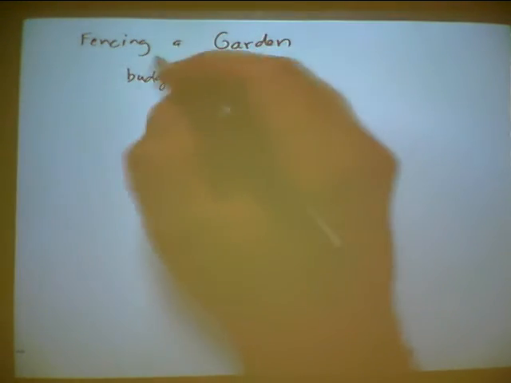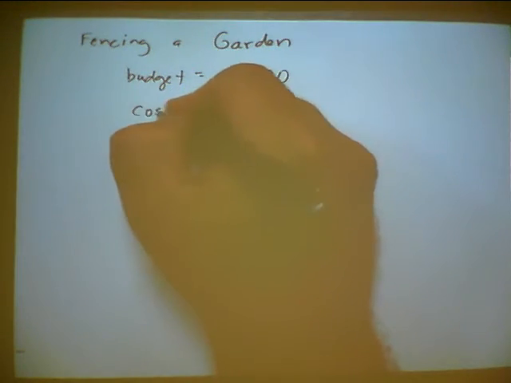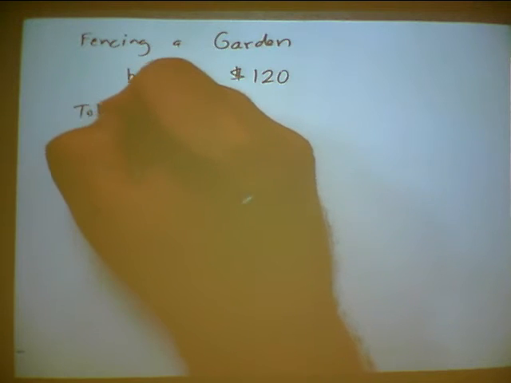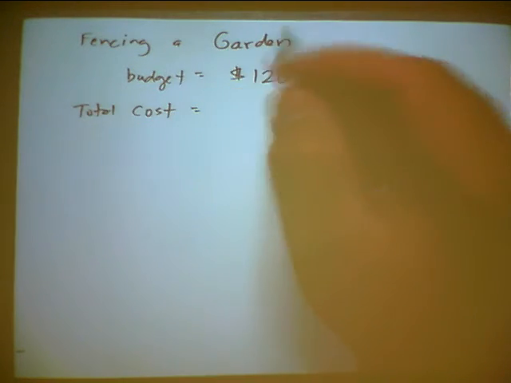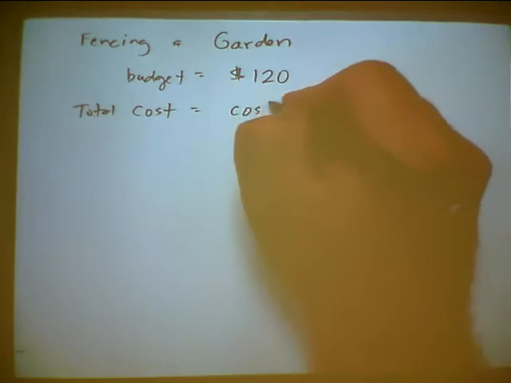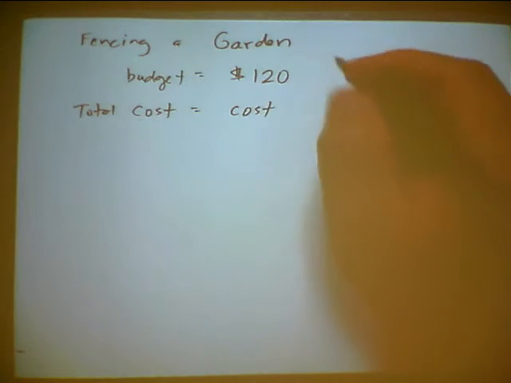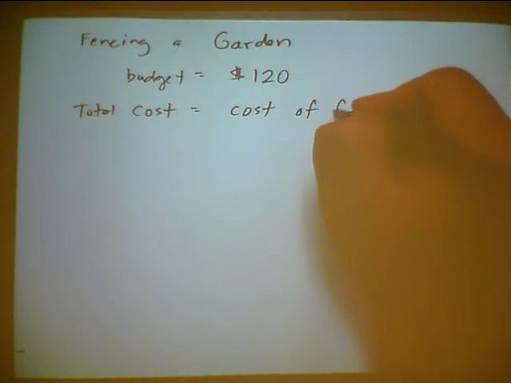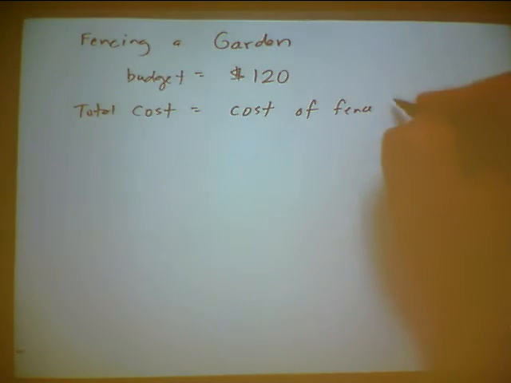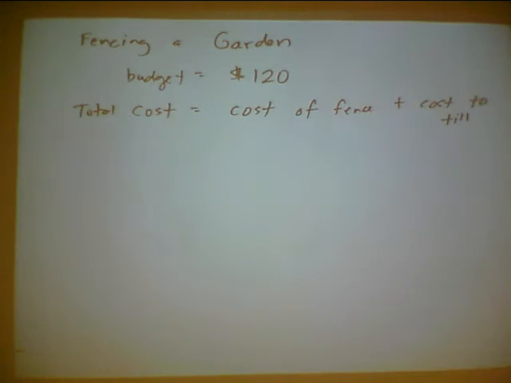And there are two costs. So I can say the total cost would be the cost of the fence, since they're going to have to buy some fence for this garden, plus the cost to till the soil, or to prepare the soil.